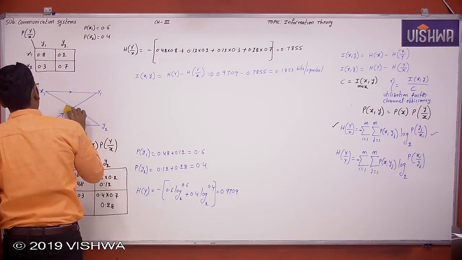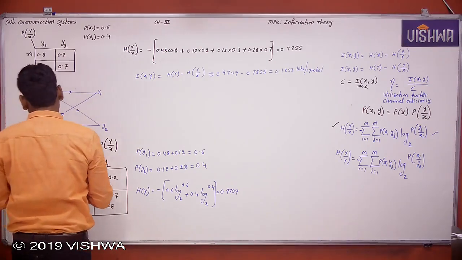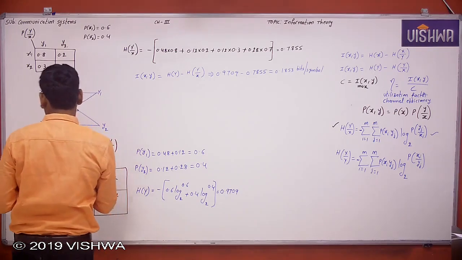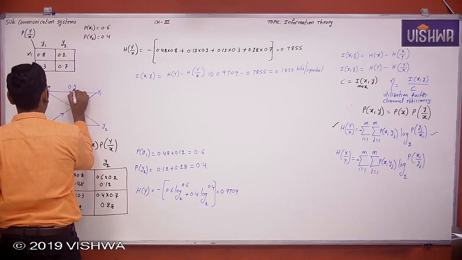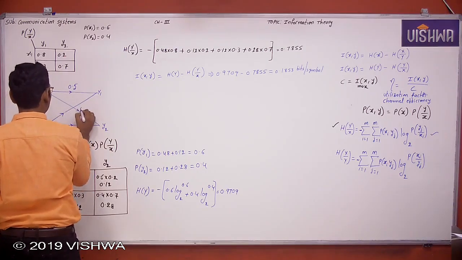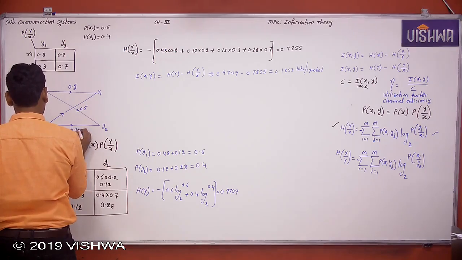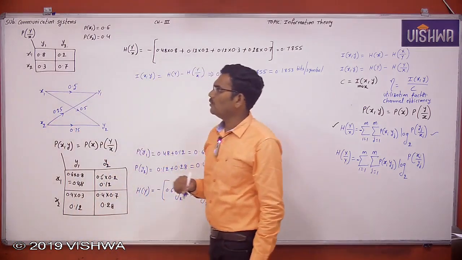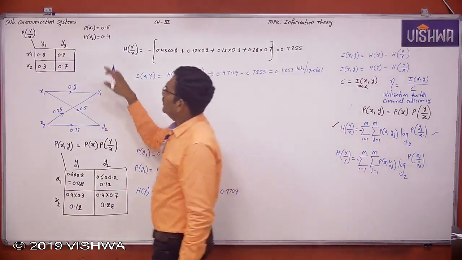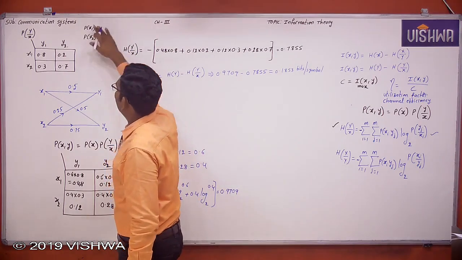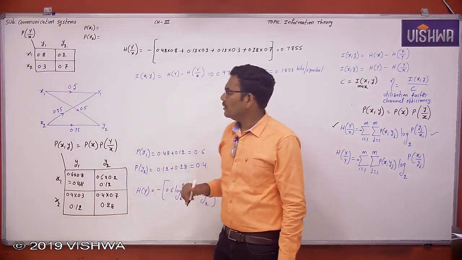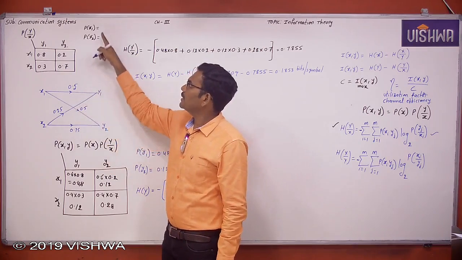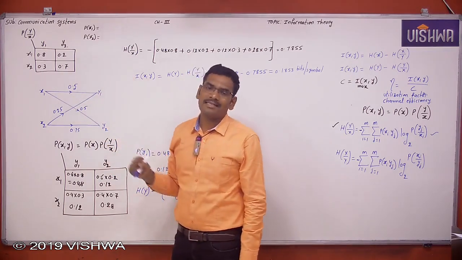Consider the conditional probability as shown in the figure below, the channel diagram, and he says that X1 and X2 are transmitted with equiprobable occurrence. This is mentioned in the question.